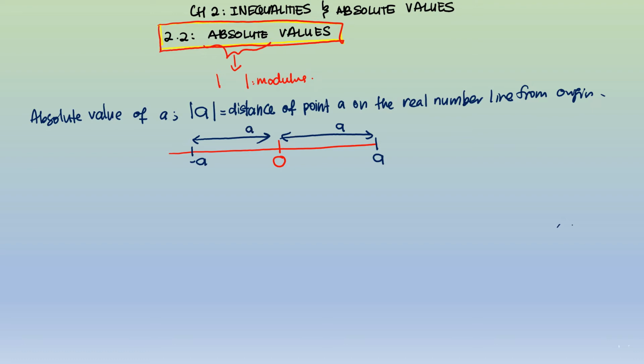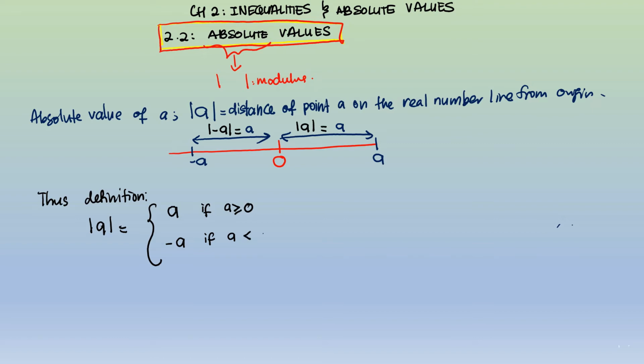So how we are going to represent this, actually we can write in the form of a modulus, which is modulus A equal to A, and modulus negative A will also get A. Thus, our definition of modulus A is actually, we have A if A is greater than or equal to 0, and we have negative A if A is less than 0.